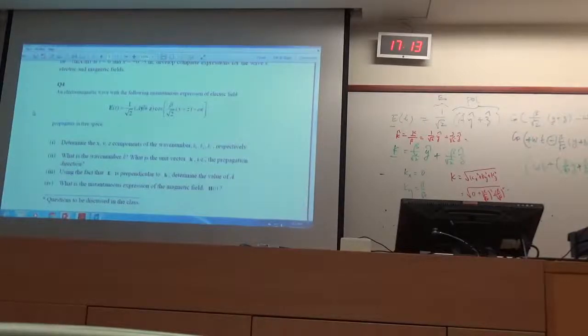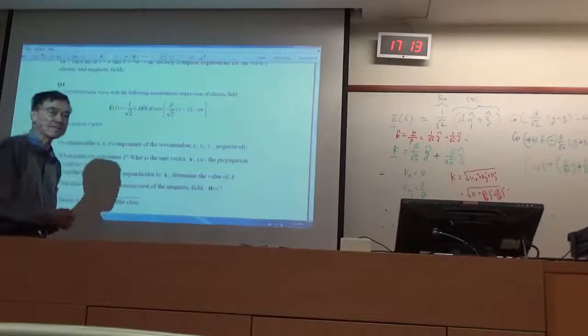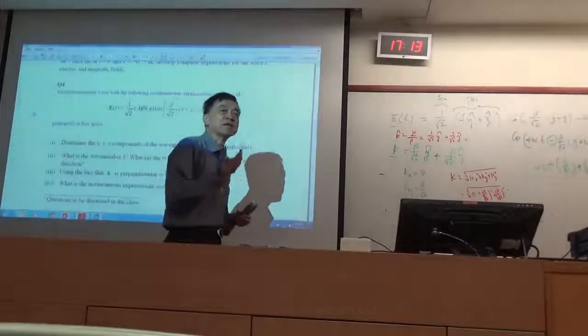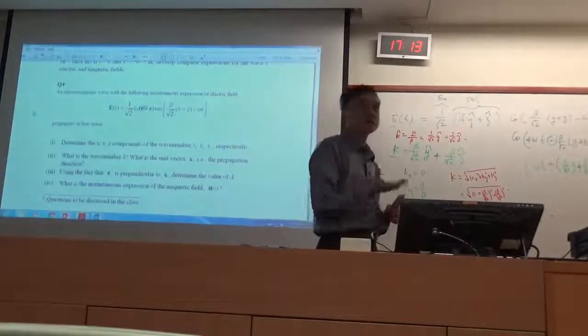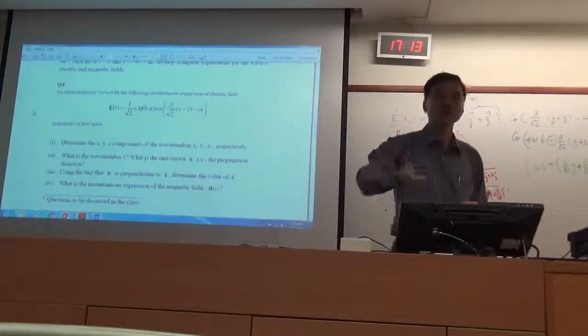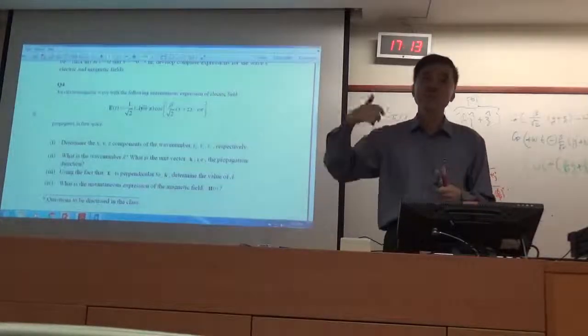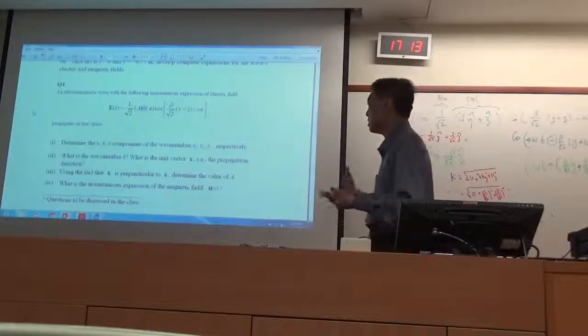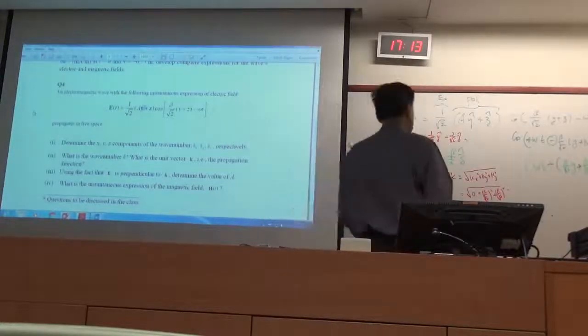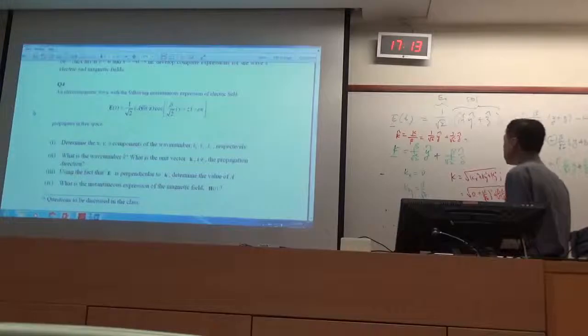Using the fact that E is perpendicular to K, determine the value of A. E is perpendicular to K, definitely. Electric field is perpendicular to K, electric field is perpendicular to H, magnetic field is perpendicular to K, and so on and so forth. So what does it mean? This actually gives you a hint, alright?